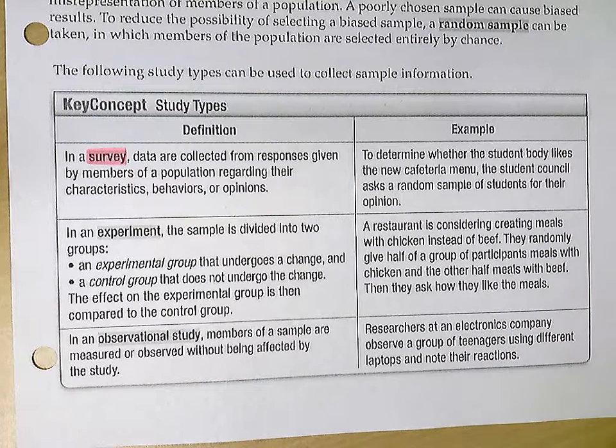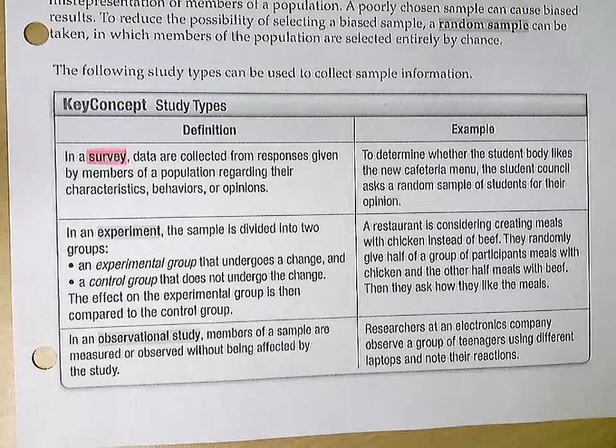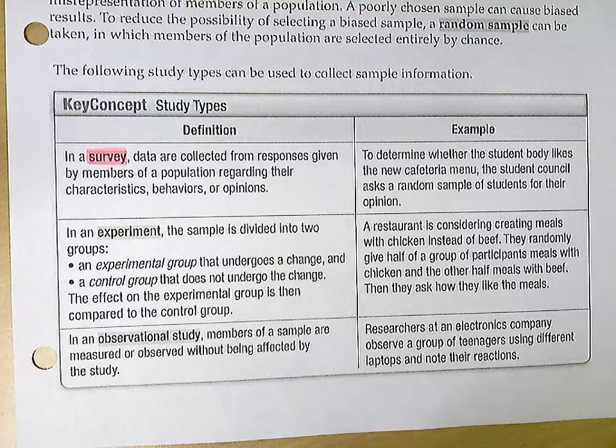In a survey, data are collected from responses given by members of a population regarding their characteristics, behaviors, or opinions. An example of this would be to determine whether the student body likes the new cafeteria menu. The student council asks a random sample of students for their opinion. So they send out a form, and you'd fill it out with your opinion on that subject.